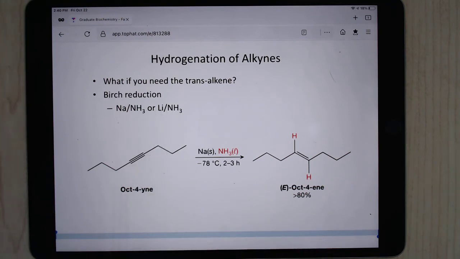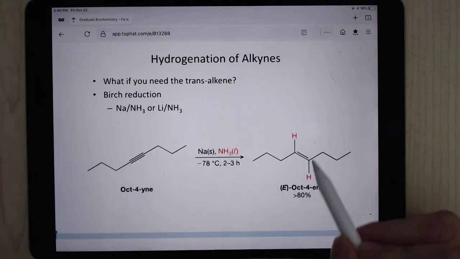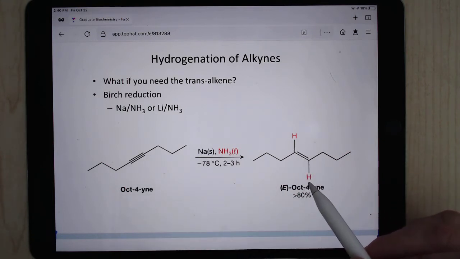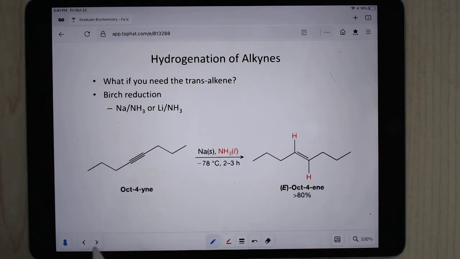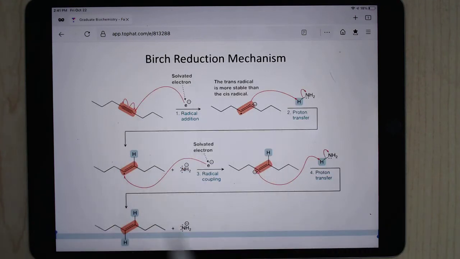It's this really nice one electron system. It turns very blue. It's very pretty. But the way the mechanism works, this one gives you the trans alkene. So this is a nice way of converting a triple bond into the trans double bond. If you want to see the mechanism, it ends up being a one electron system.